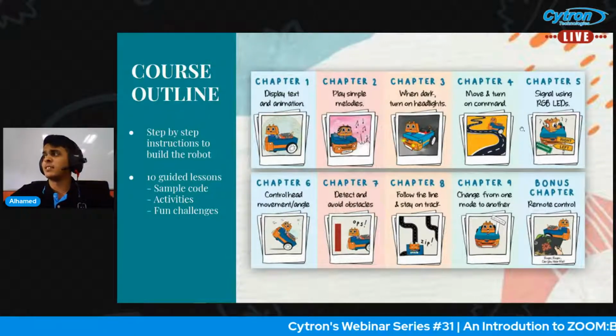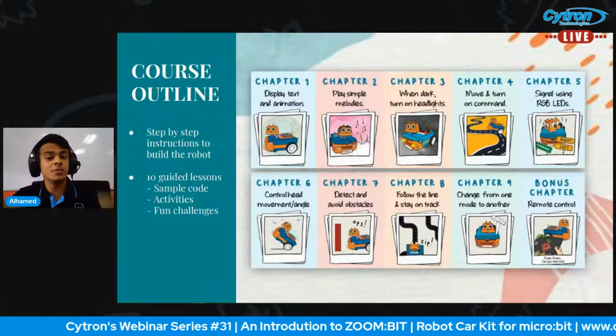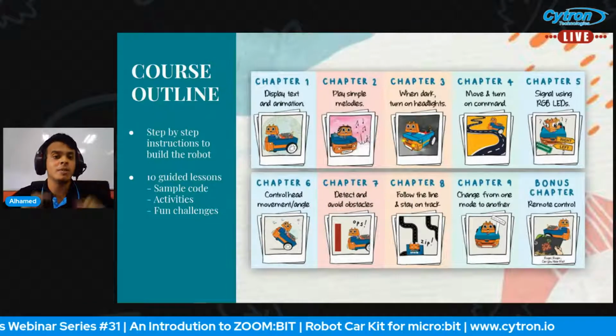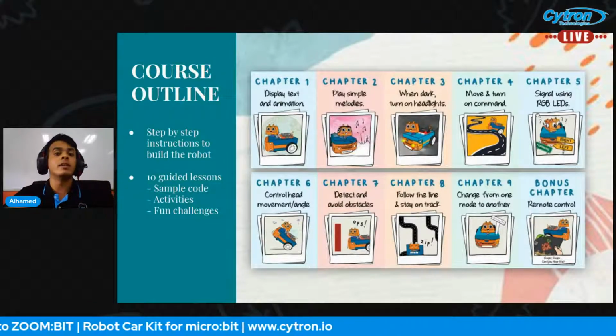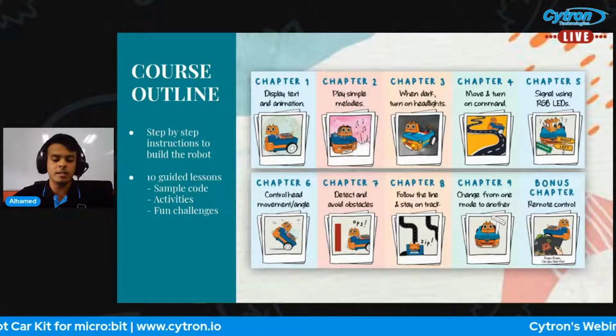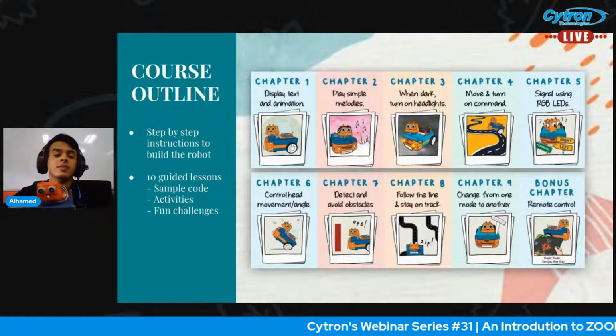Coming back to chapter 4, you will start to move ZoomBit using the buttons on the microbit. In chapter 5, you will learn how to turn on the RGB LEDs, which represent the signals of the car.